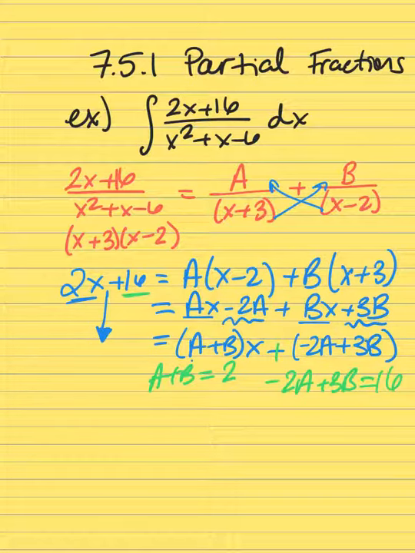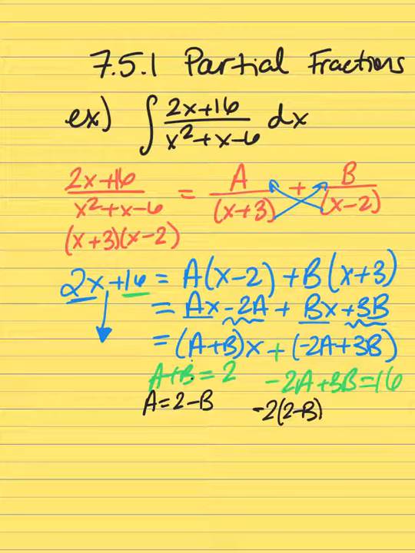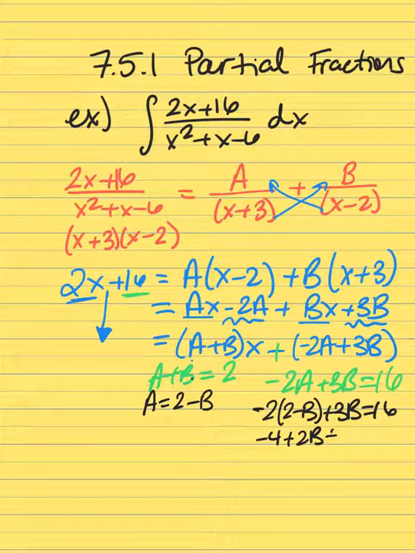Now I've got to do some substitution to solve that. So I can say A equals 2 minus B. I'm going to subtract B here, and replace that 2 minus B for the A in the other equation. So negative 2 times (2 minus B) plus 3B equals 16. That's negative 4 plus 2B plus 3B equals 16.